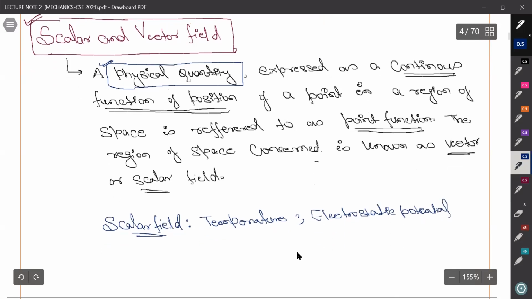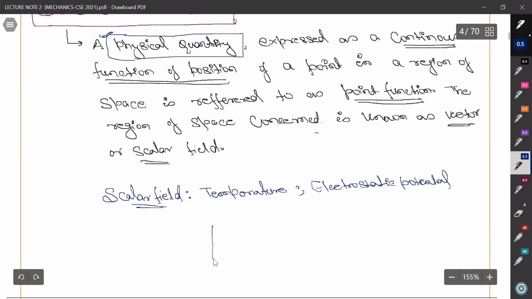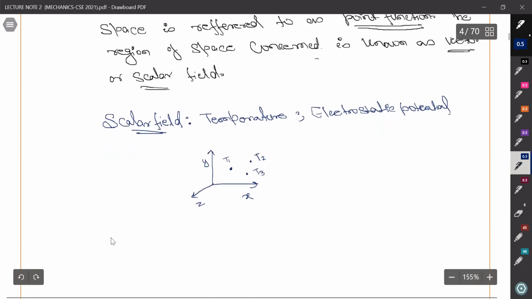Suppose this is a region, this is X, this is Y, and this is Z. If we are talking about the temperature at these positions, T1, T2, T3, then it gives us a scalar field. Similarly, we can talk about the electrostatic potential also.